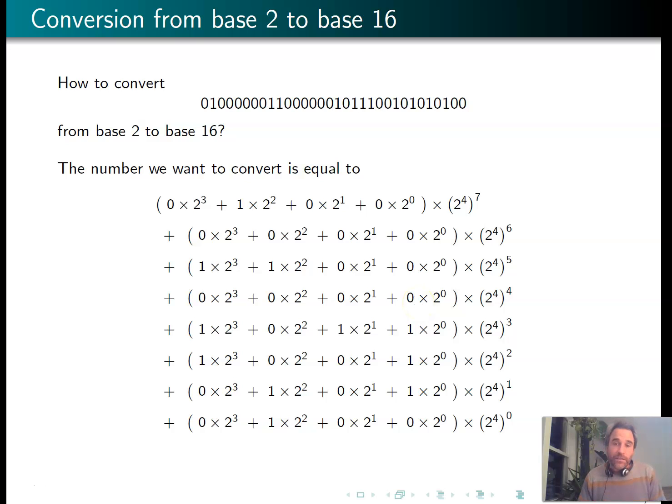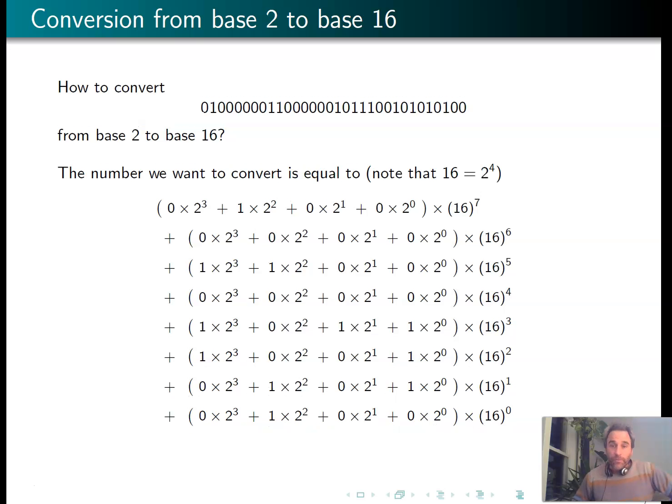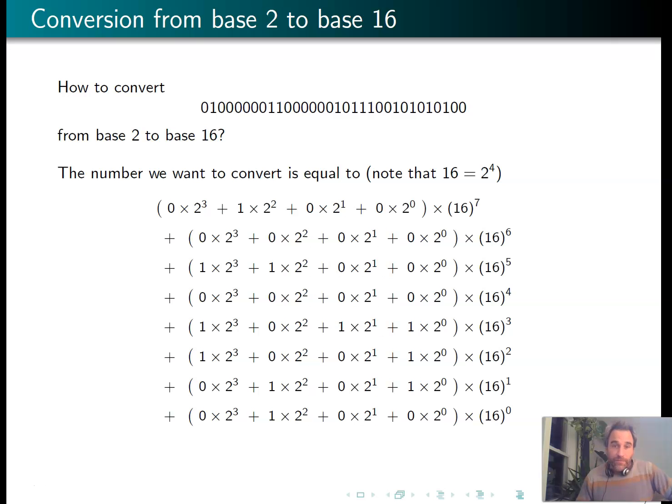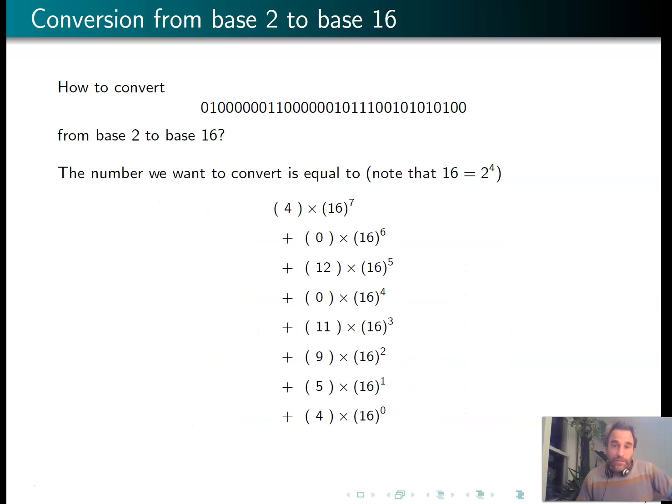So let's isolate 2 to the power 4. In fact, 2 to the power 4 is 16. So here's my number: 4 times 16 to the power 7, 0 times 16 to the power 6, 12 times 16 to the power 5.